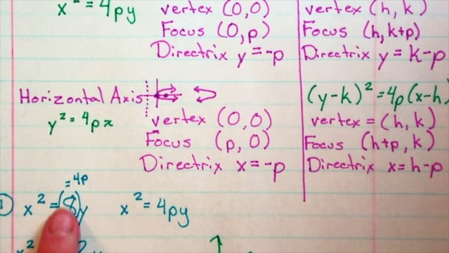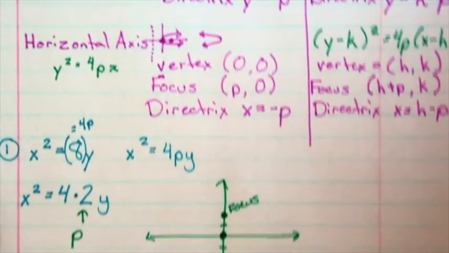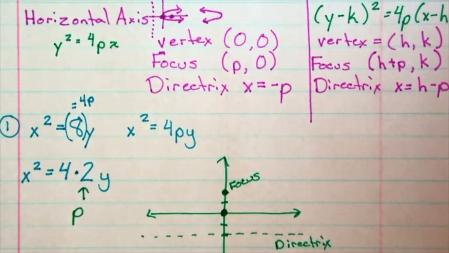Now, usually, like I said, if we were to solve this, we would have y equals 1/8 x squared. That 1/8 tells me how tall and skinny or how short and squatty my parabola shape is. This basically does the same thing.